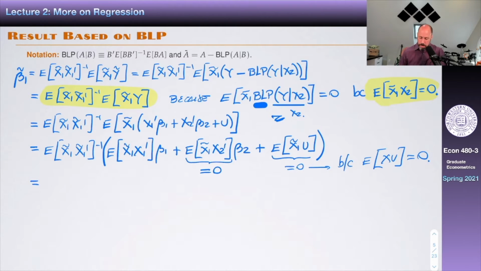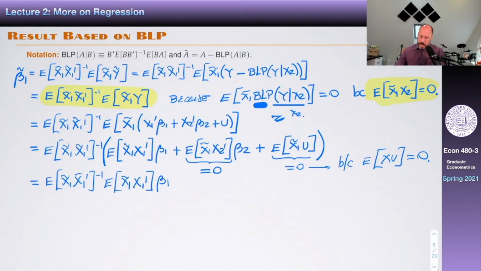So we put all this together, and what we have is expected value of x1 tilde prime inverse, expected value of x1 tilde x1 prime beta 1.